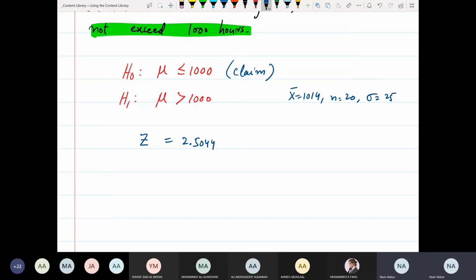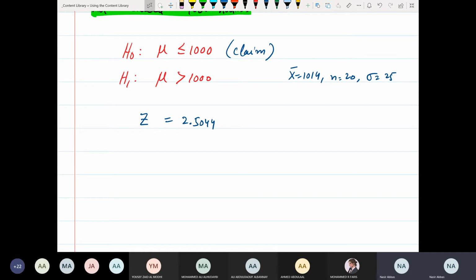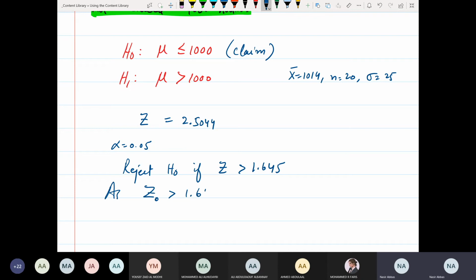Your z was 2.5044 and assume alpha to be 5%. Your rejection region is reject H0 if z is greater than 1.645, because H1 still has the greater than sign. Z0 is greater than 1.645, so we reject H0.